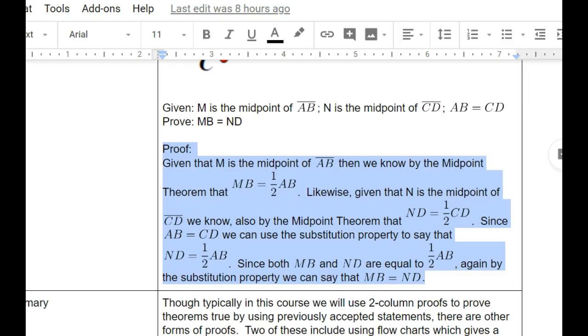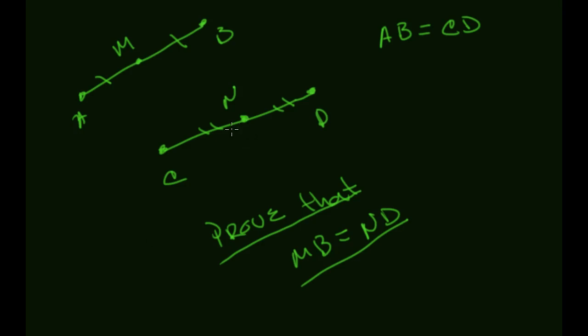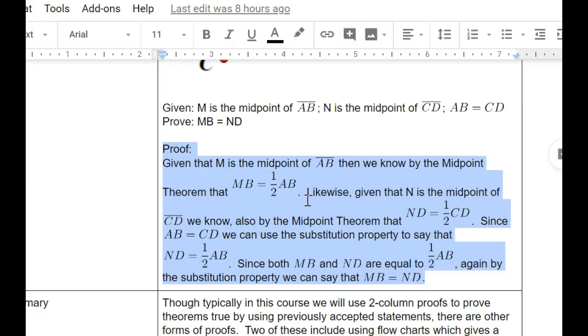Now likewise, given that N is the midpoint of CD, so go back to my drawing, N is the midpoint of CD. I think you can see where this is going. Also, by the midpoint theorem, ND is half of CD.